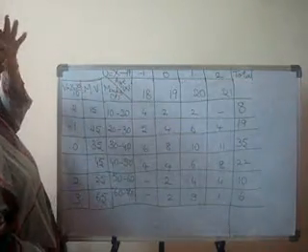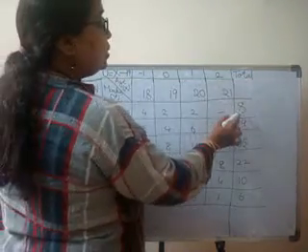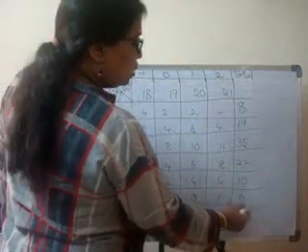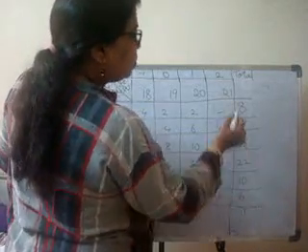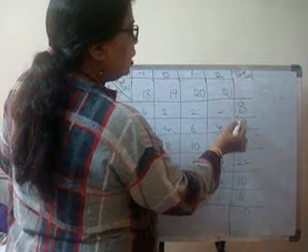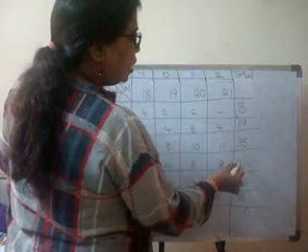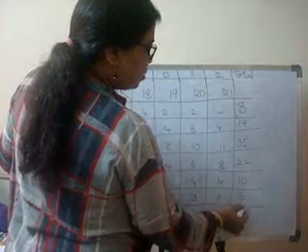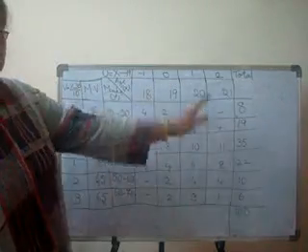Now, what is the overall total? 8, 8, 16, 17, 22, 24, 30. We carry 3, 4, 7, 9, 10. So your total is 10.